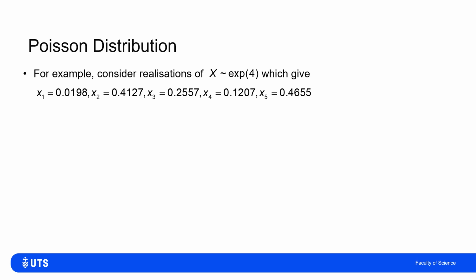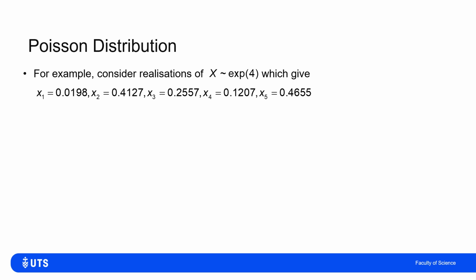So instead of simulating from a Poisson by working out all of those individual probability masses, I can simulate from an exponential. I want realizations of a Poisson with rate parameter 4. I'm not going to do that.